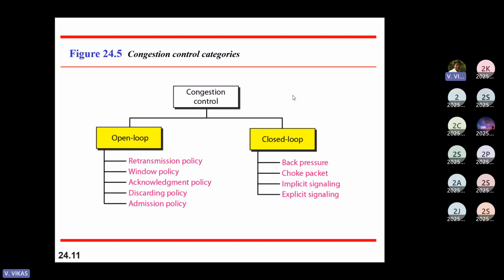I don't have any issue if I discard some audio for a small duration. But we cannot do the same thing with respect to FTP. So I need to have a proper discard policy. Even though I discard some packets of audio, it won't ask for retransmission. But if I consider file transfer protocol, it is going to ask for retransmission. Those things we need to keep in mind while coming up with a discard policy at intermediate routers.